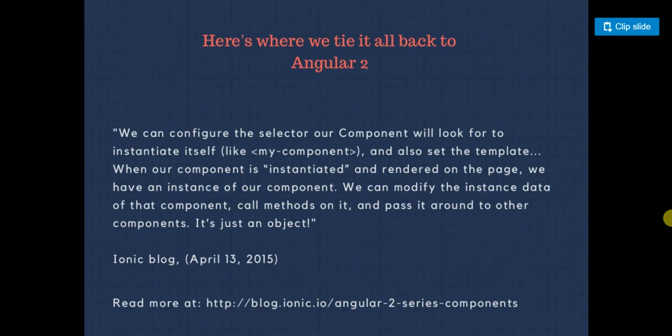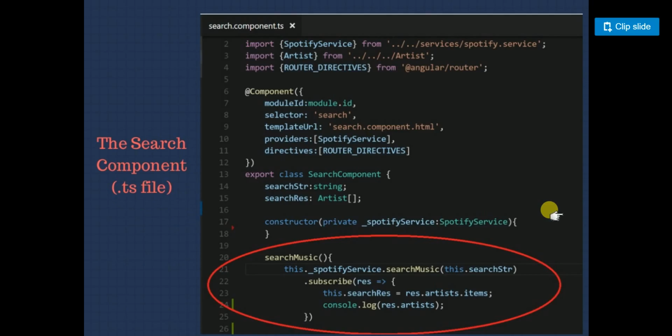The TypeScript files are going to be the blueprint, and every time the user is interacting with our app and stumbles upon specific HTML pages, new components are going to get instantiated onto the page for the user to enjoy and benefit from. So that's from the Ionic blog, so that's a pretty good resource for us, and it's a great stepping stone to understanding our .ts files.